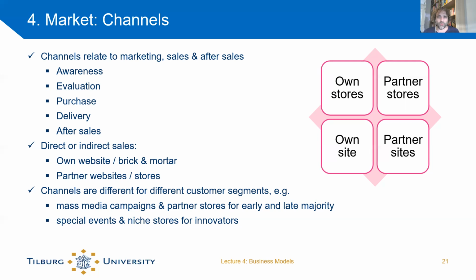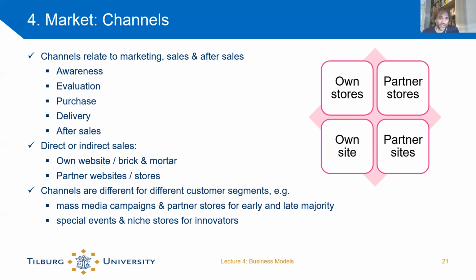For example, if you want to reach the early majority and late majority, it's usually through mass media campaigns. If you want to reach the innovators, maybe the early adopters as well, you need to organize special events in order to attract those innovators. These are just examples, but you can imagine that you need different channels and different strategies to reach different types of customers.